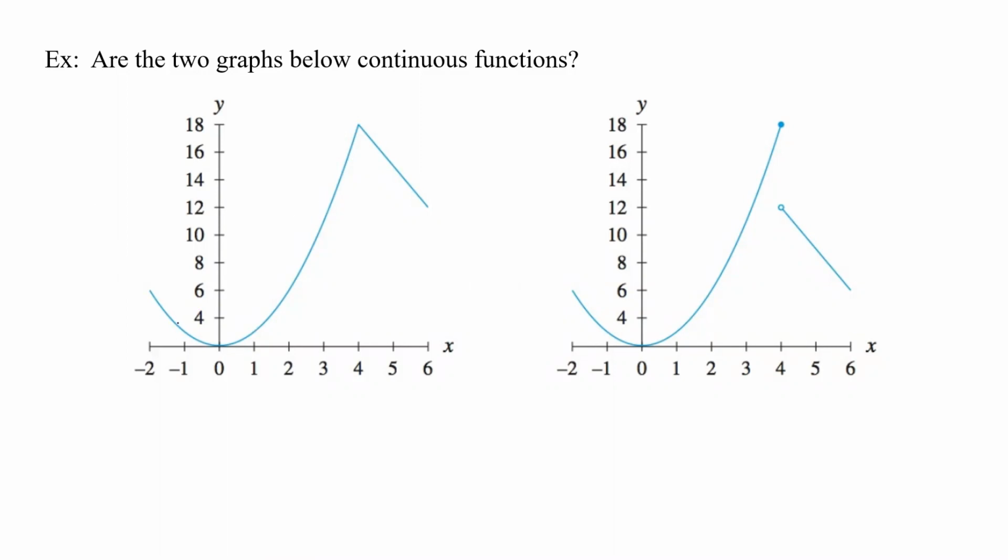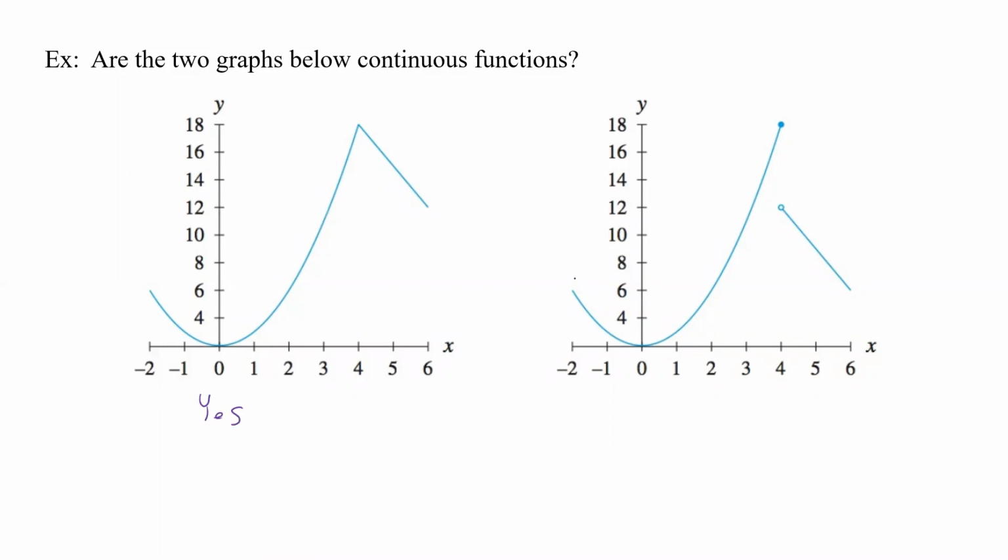We can also look at every point on here, no matter what the point is: the limit from the left is equal to the limit from the right, f of c exists, and the limit at whatever that c value is equals f of c. So it looks perfect. It's a good continuous function. So yes, that is continuous.